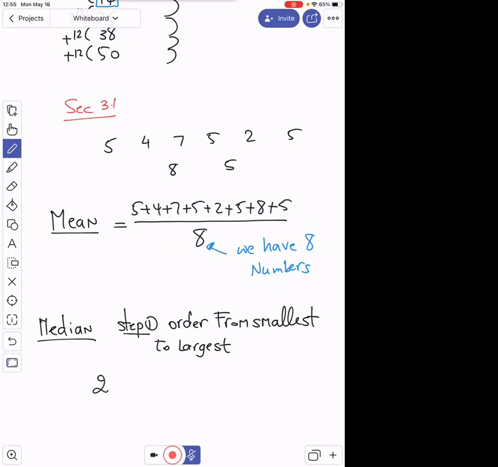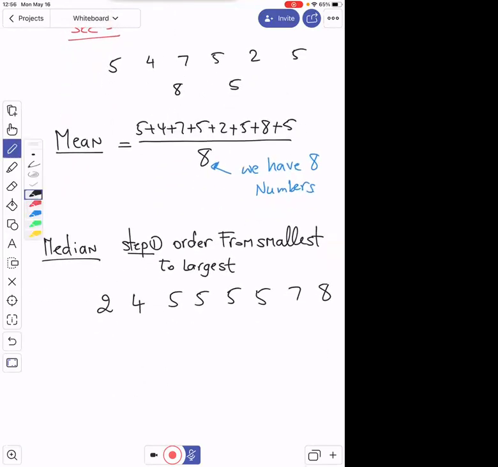There are no 3s. There is one 4. And then we have four 5s. Do we have 6? No 6. There is a 7, and then there is 8. So you order from smallest to largest.